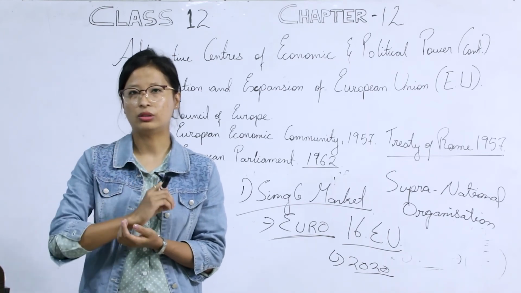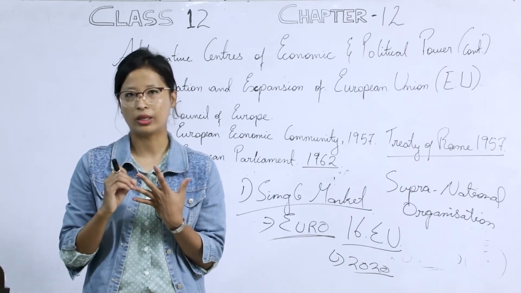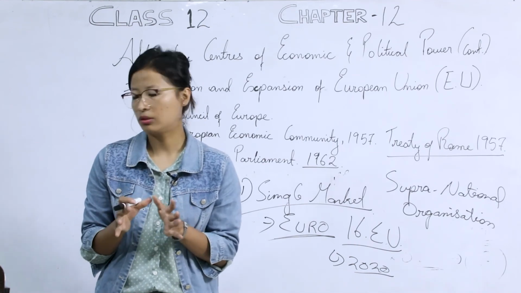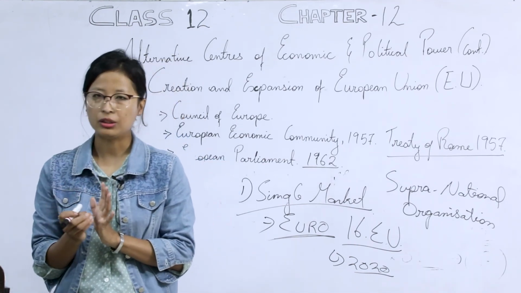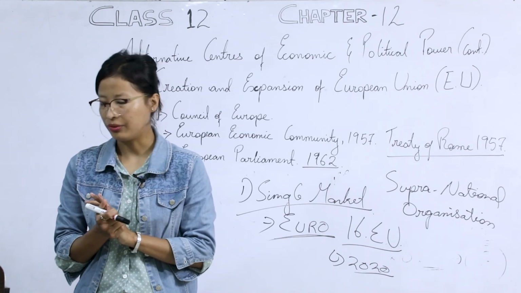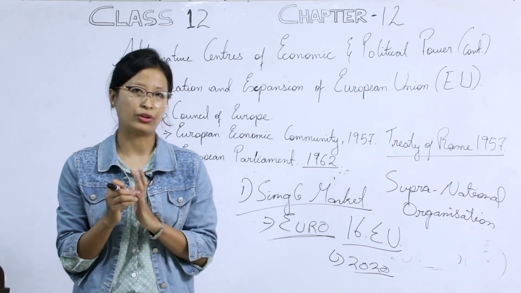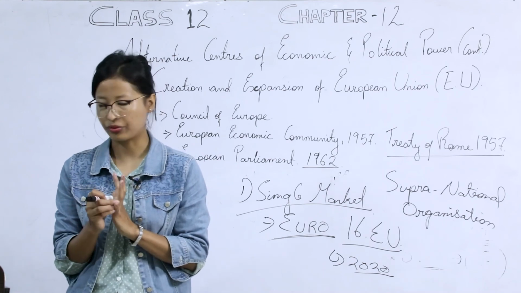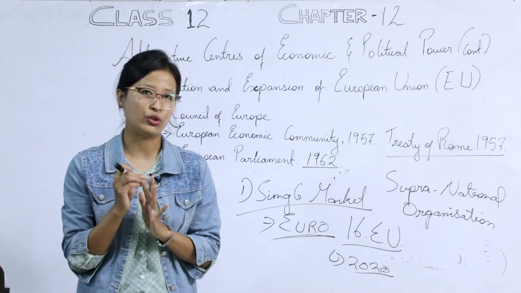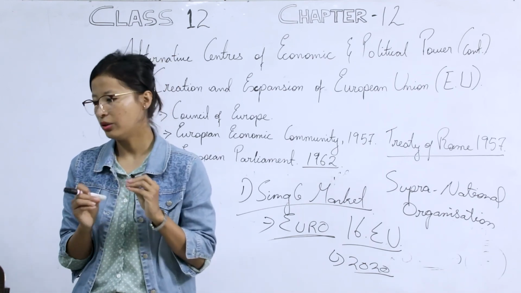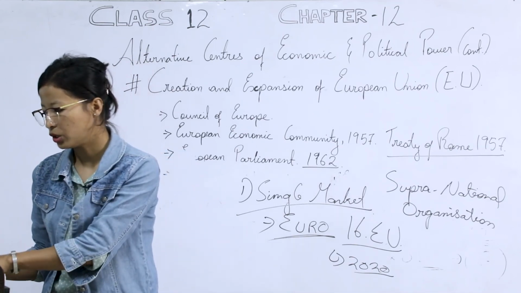That is the meaning of the circle, solidarity and harmony. The number 12, traditionally the European Union believes that the number 12 is a symbol of perfection, excellence and unity. So this is the flag of the European Union.